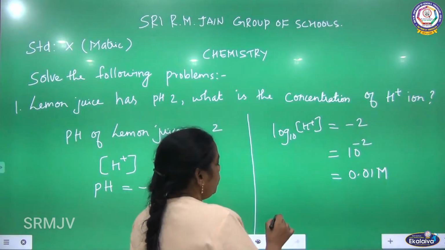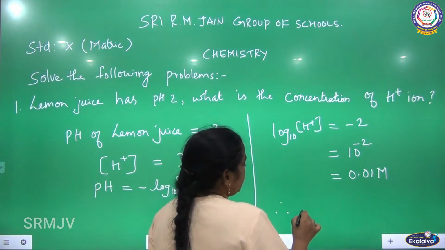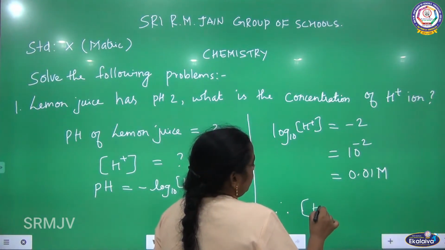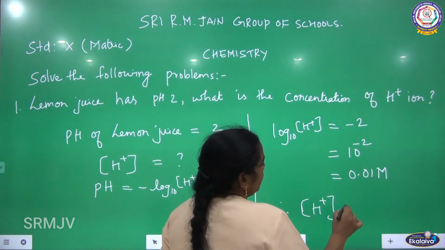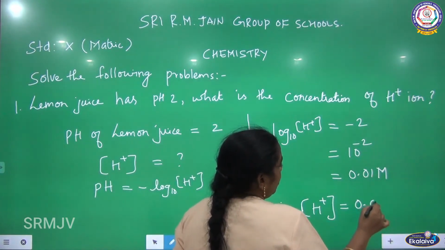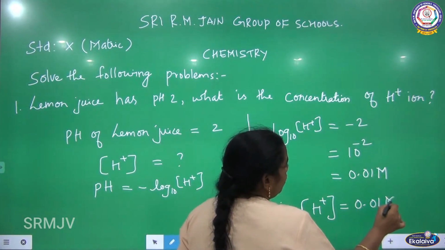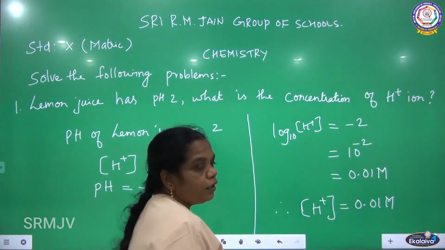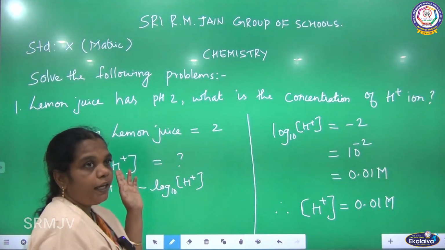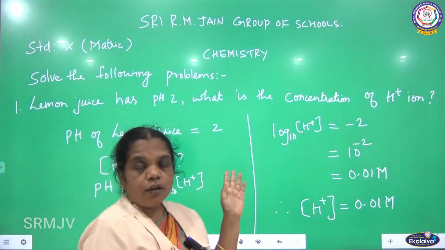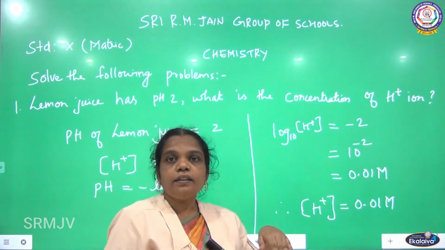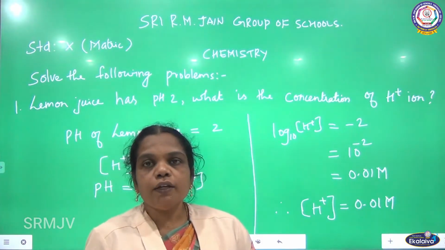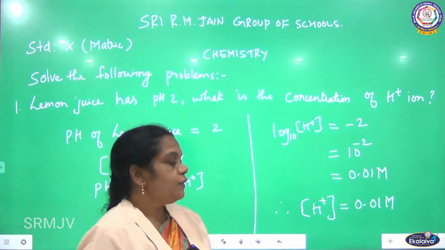So therefore the concentration of H plus ion is 0.01 molar concentration. So the concentration of H plus ion present in the lemon juice is 0.01 molar concentration.